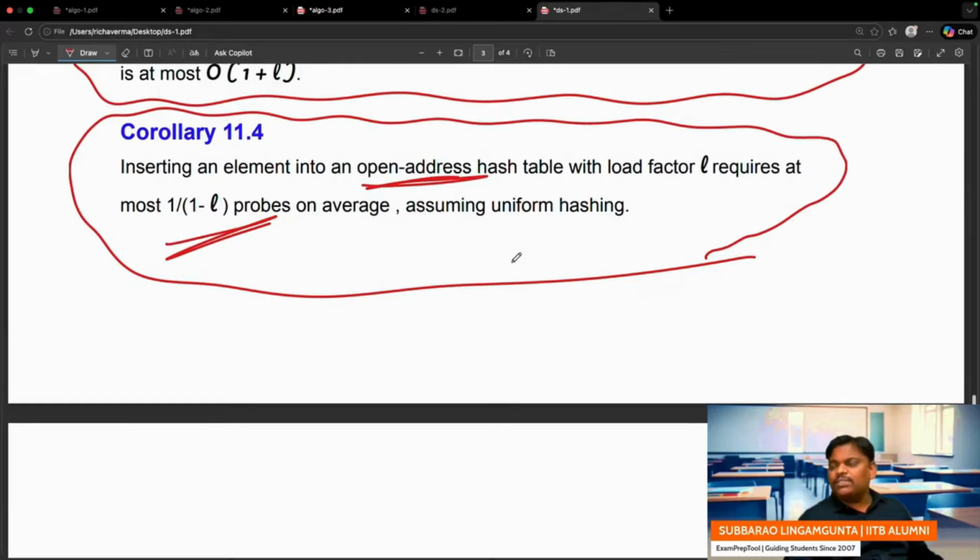Uniform hashing means a key can go anywhere. Some people think uniform means one element goes here, one element there, uniformly distributing. No. Uniform hashing means the key can go anywhere, with no partiality.